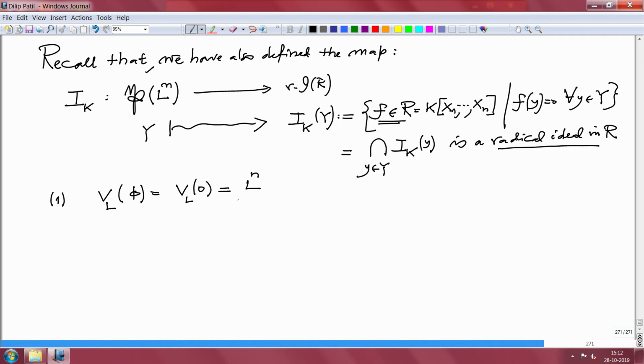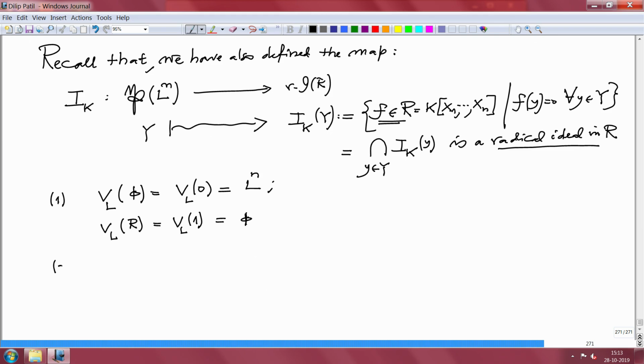So this is obvious really, and similarly V_L of the whole thing R, which is also the same thing as V_L of the polynomial 1, is equal to the empty set. So this means both the empty set and L^n are closed sets in L^n in the Zariski topology.